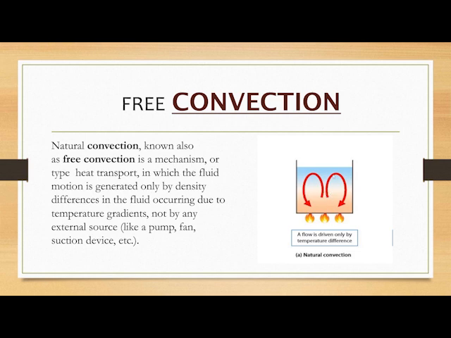The molecules at the top are at lower temperature and higher density, and those at the bottom of the surface are at higher temperature and lower density. So they tend to rise, and the molecules at the top tend to go down. This is how the fluid gets heated up and the convection process takes place. That's why it's called a free or natural phenomenon.